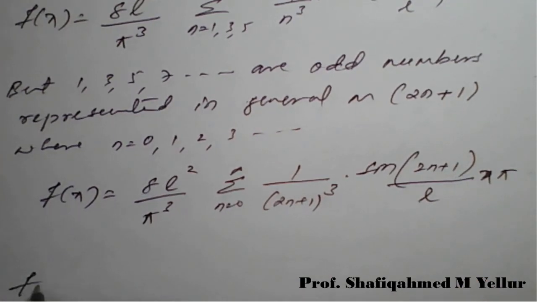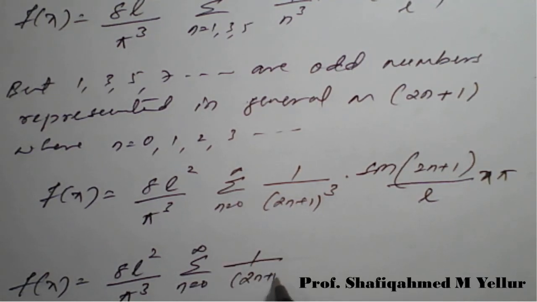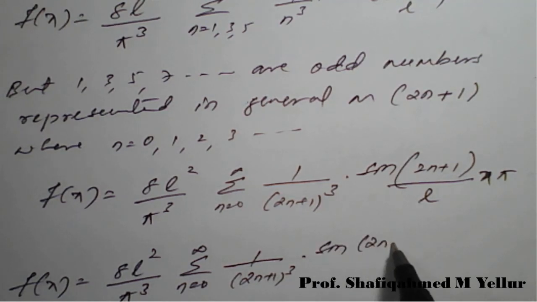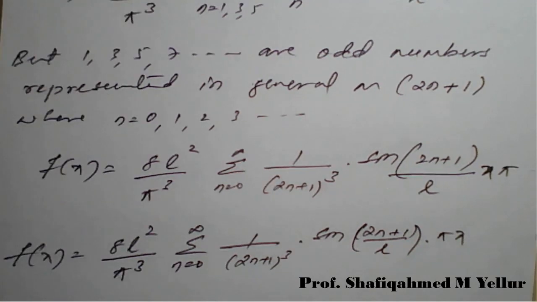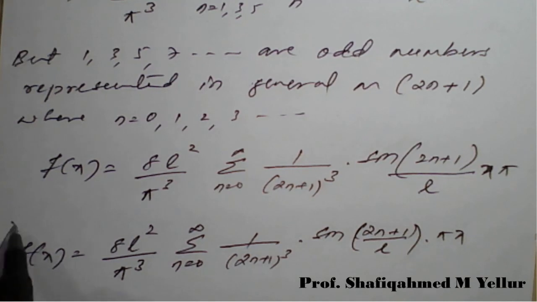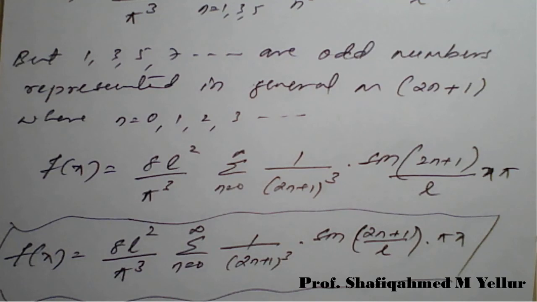So therefore the required result I will rewrite. f of x is equal to 8l square upon pi cube summation n from 0 to infinity 1 upon (2n plus 1) raised to cube into sine of (2n plus 1) pi x divided by l. So this is the required sine half range Fourier series.